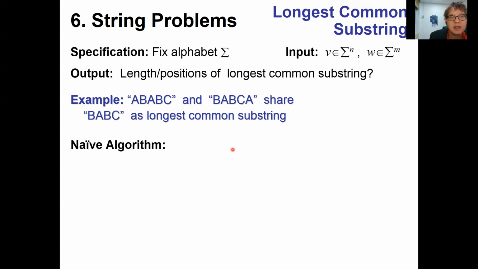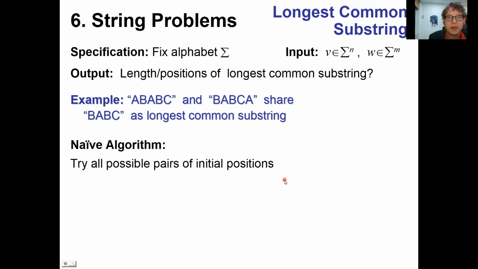And that said, now here's a naive algorithm solving that substring problem, again simply trying all possible combinations. So try all possible pairs of initial positions. Pairs indicates quadratic running time, and this is exactly what's going to happen for the naive algorithm.